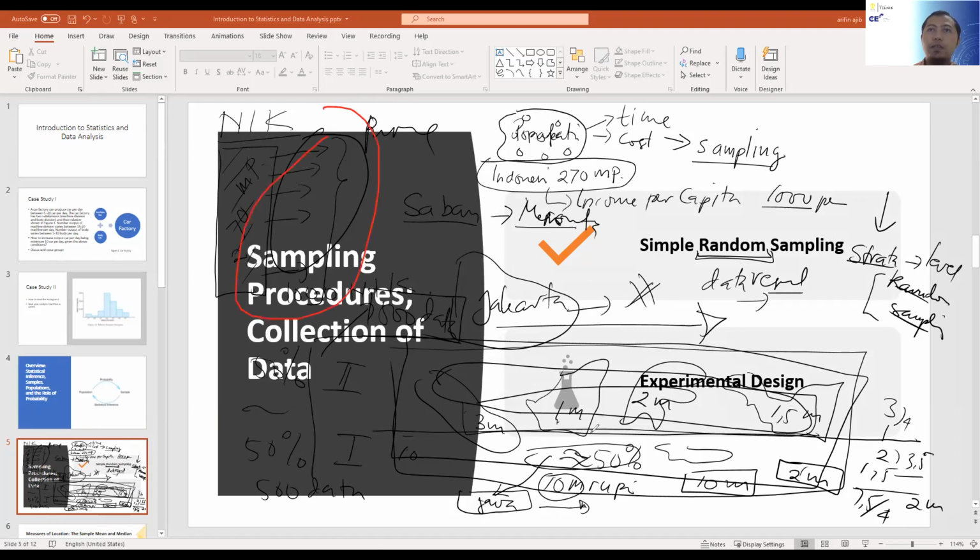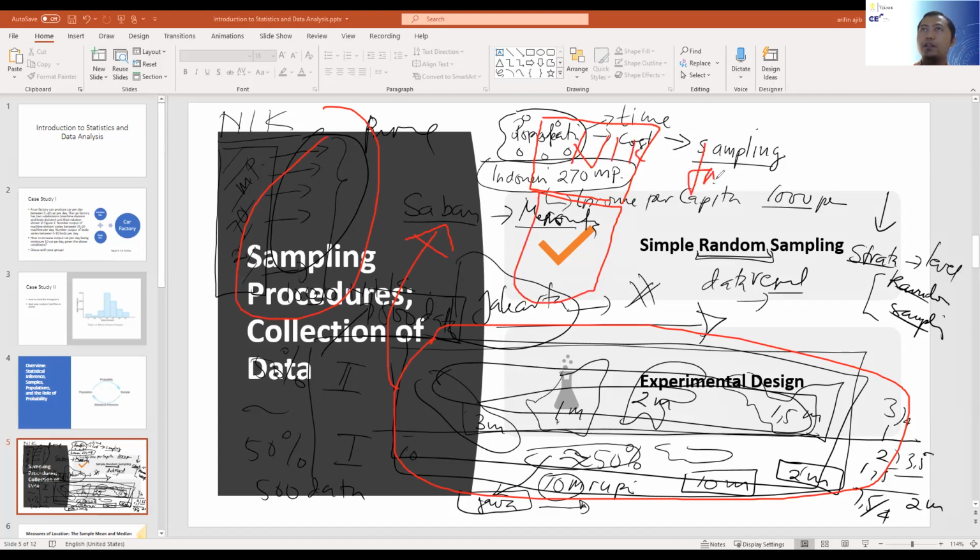This is pure random sampling. This is stratified random sampling. How to take, like maybe first in this case we have to group. For example, this is NIK from Java.